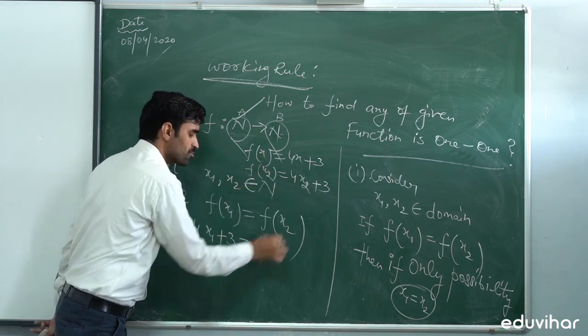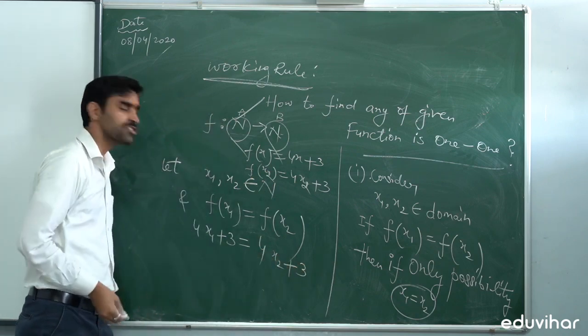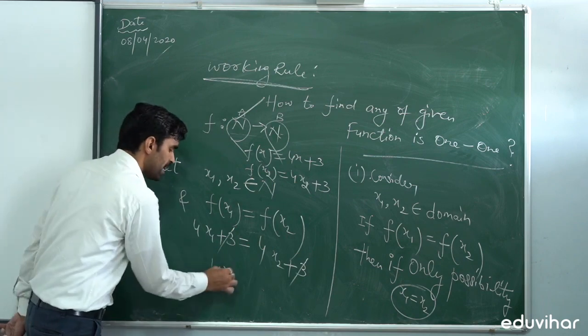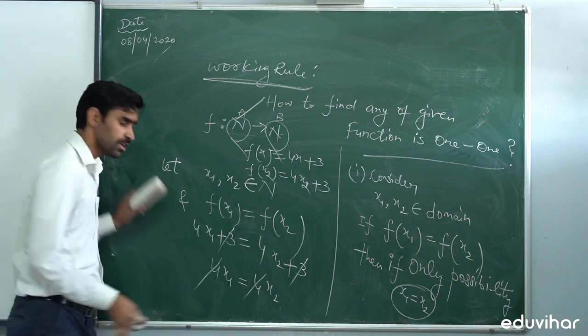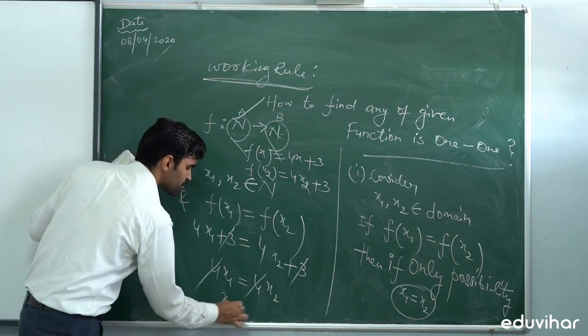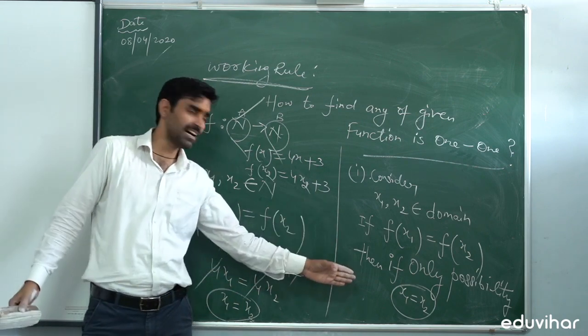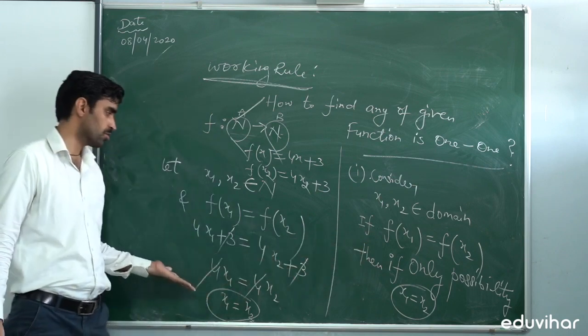Similarly we can put f(x2) as 4x2 plus 3, putting x2 in place of x. Now we solve it: 3 can be cancelled out with plus 3 and we would have 4x1 equal to 4x2, and 4 is cancelled out with 4. Then we have the last possibility as x1 equal to x2. Now this is the definition of one-one function as we got here.